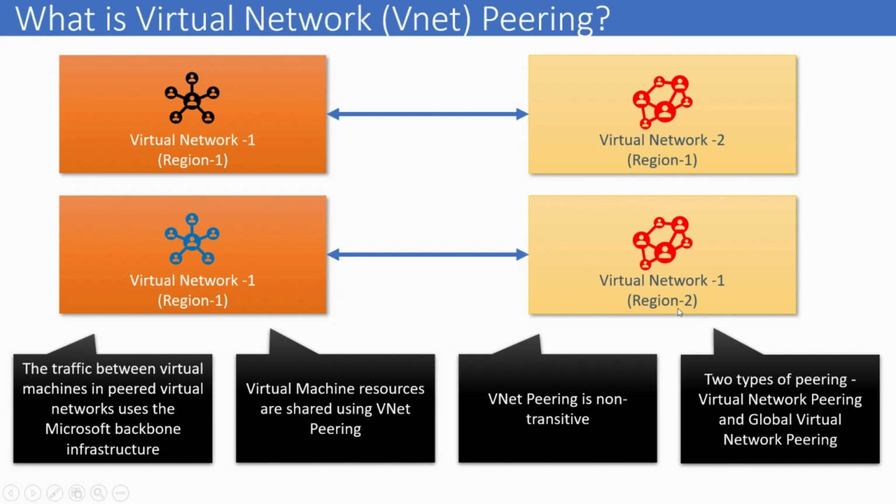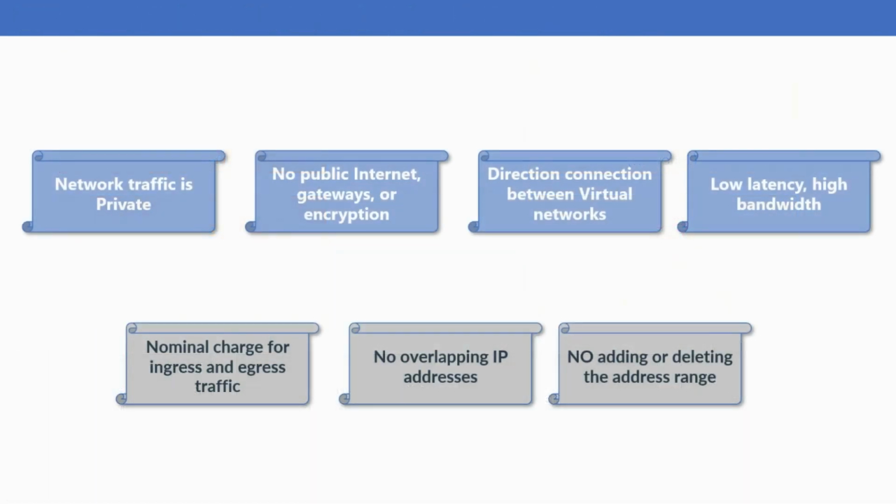Let's see some key points to note in VNet peering. Number one, network traffic between peered virtual networks is private. Since the traffic between the peered virtual networks remains on the Microsoft backbone network, it remains private without the need for public internet, gateways or even encryption.